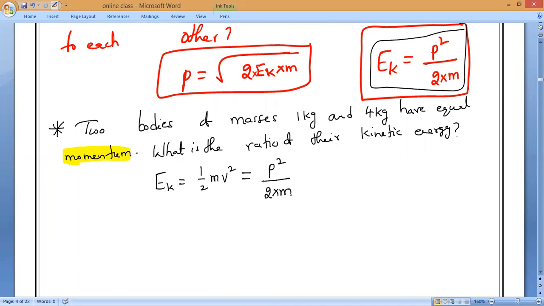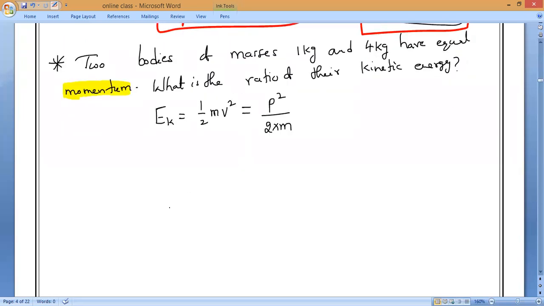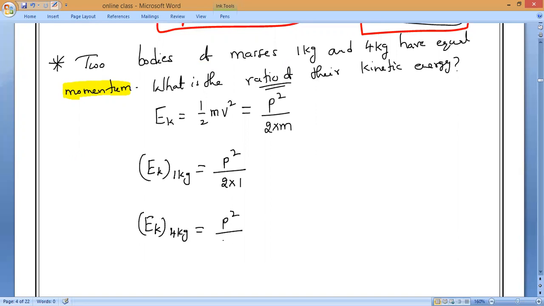Can I say it or not? Now they are asking for the ratio. So Ek of the 1 kg body is equal to P square divided by 2 into 1. Next, the kinetic energy of the 4 kg body is equal to P square divided by 2 into 4.